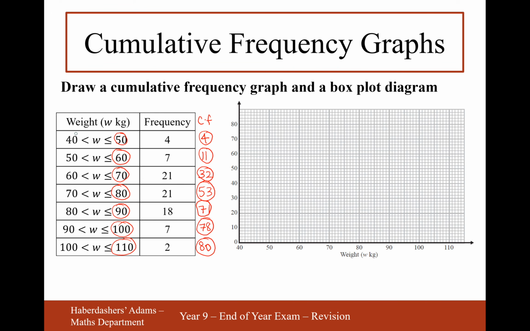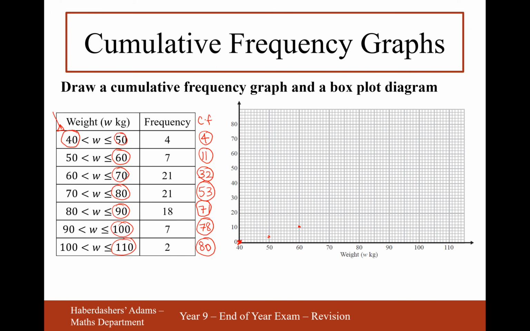But the first point will need to be plotted at the first number in the intervals, which is 40, because there's nothing that weighs less than 40 kilograms. So we'll plot our first point at 40, 0. The next point will be at 50, 4. The next point will be at 60, 11.